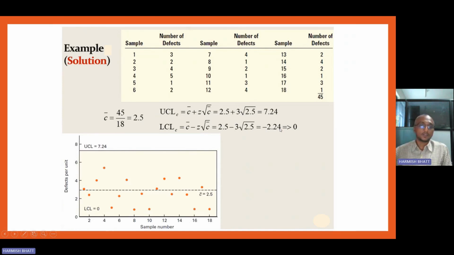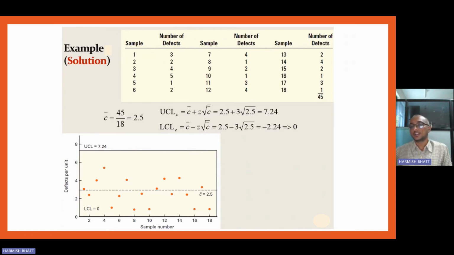But as we understand, defects cannot be less than 0. So we consider the LCL as 0 instead of minus 2.24. The number of defects cannot be less than 0. As per the equation we get a negative value, but as per practical considerations, the LCL cannot be negative in this case.